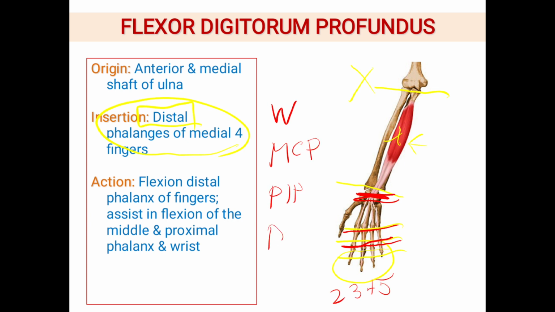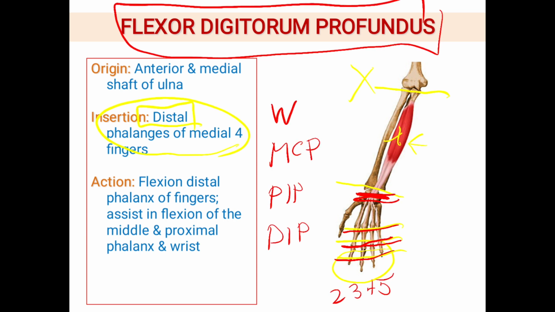At the same time, it also moves the DIP, okay? So, among the muscles of the upper limb, the profundus is the only one that can move the DIP. No others. Okay? It's only the DIP.